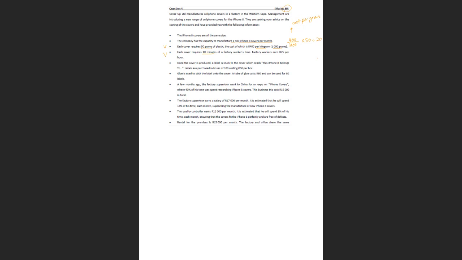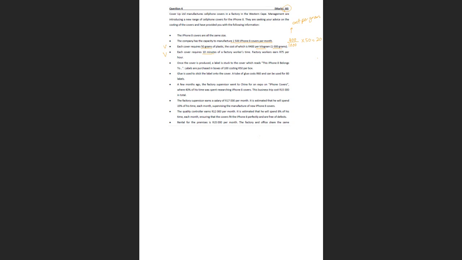The factory workers earn 75 rand per hour. So remember now again, it needs to be on the same unit of measurement. So the first thing they said to you was that they required 10 minutes per item. Then they said that the cost is 75 rand per hour. So you need to make sure that you convert them such that they are both on the basis of either minutes or hours. The easier way is to just convert to minutes.